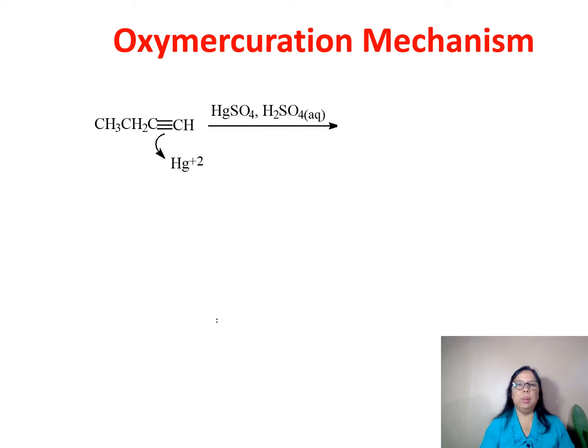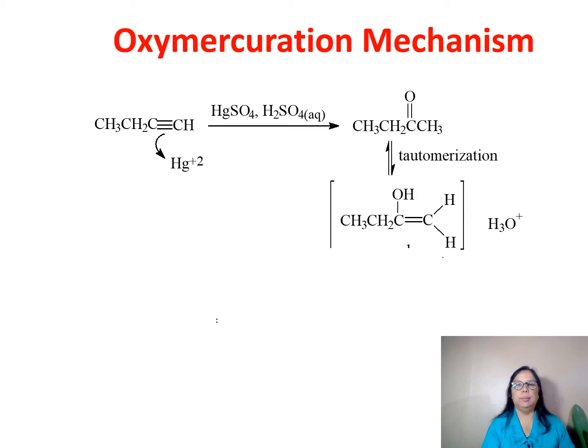And then oxymercuration mechanism, what do you think is the product? That is the tautomeration process. It is the removal of one of the bond from the CC bond to produce the double bond.